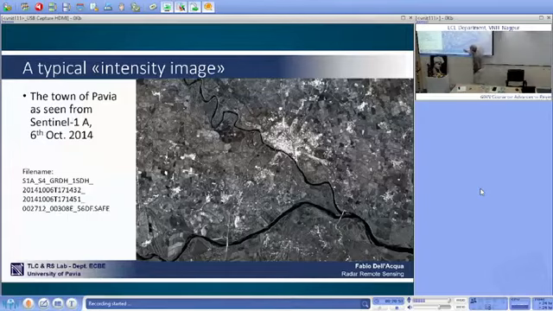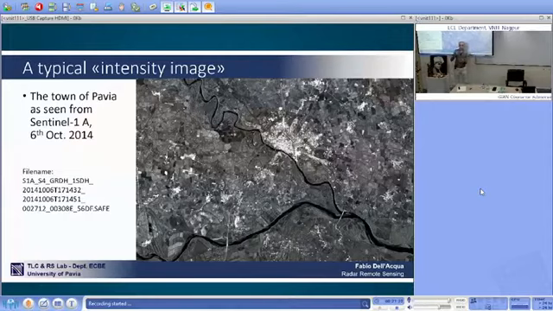One thing I wanted to point out about shape is that water tends to appear dark in radar images because of its shape. Just like the sea, this is completely flat. And flat areas typically backscatter very little.